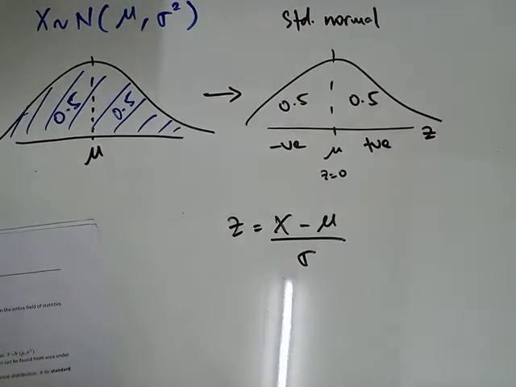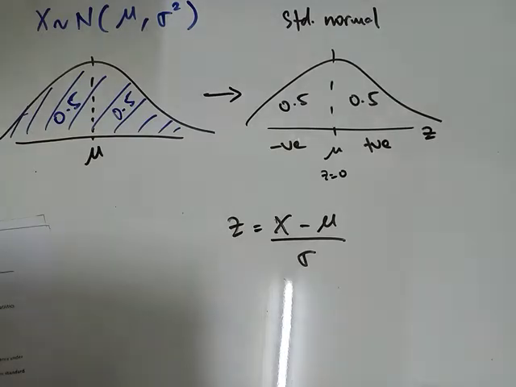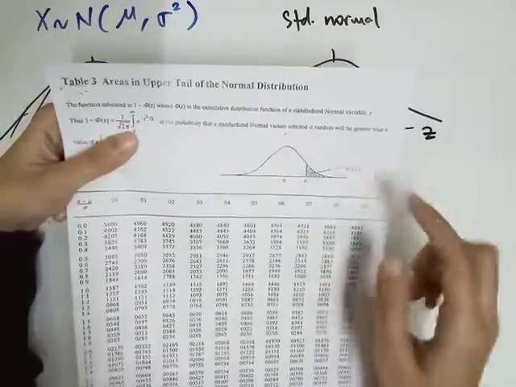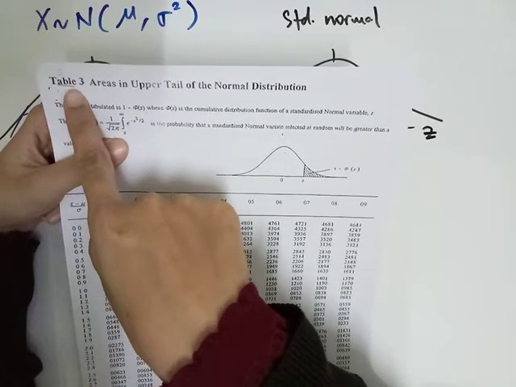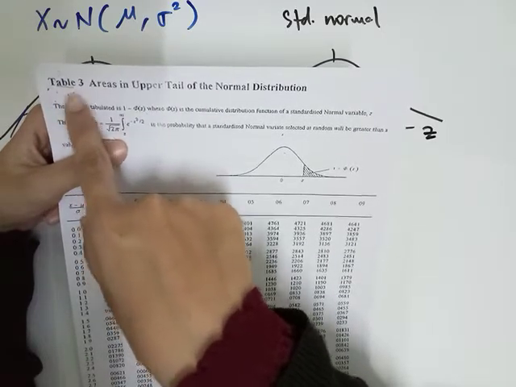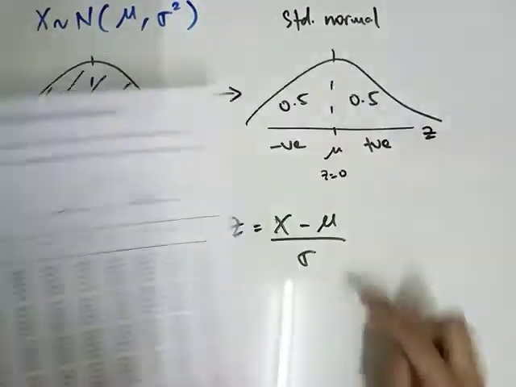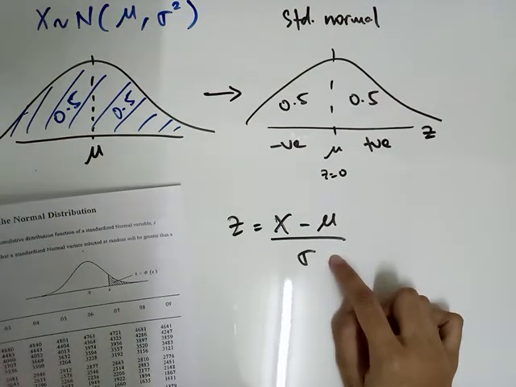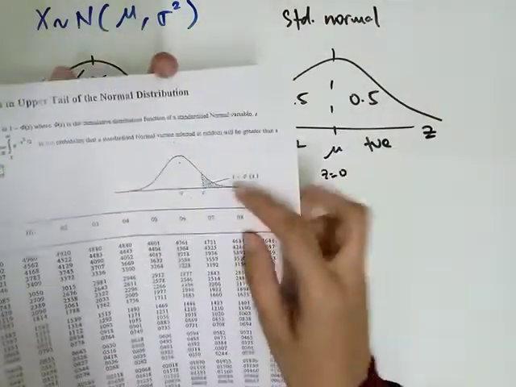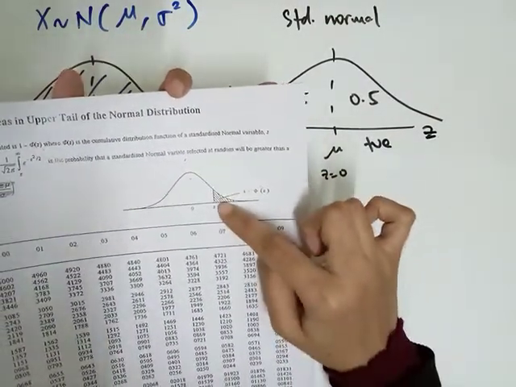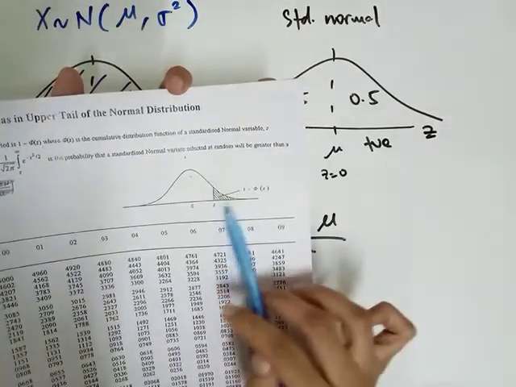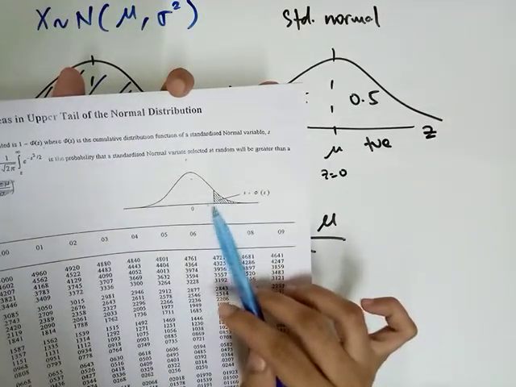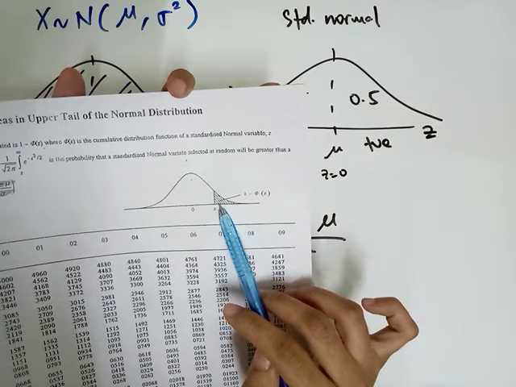Then to find the probability, we must use the z table, which is table 3. Look at your statistics table, table 3. Once you have calculated the z value, it must be positive, because in the table the shaded area of the graph is on the positive, right side.